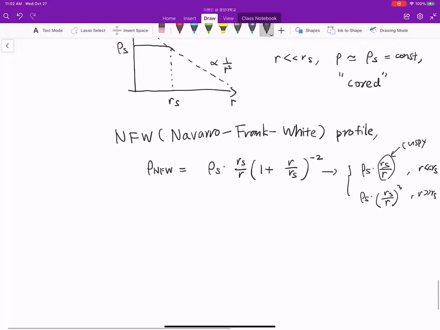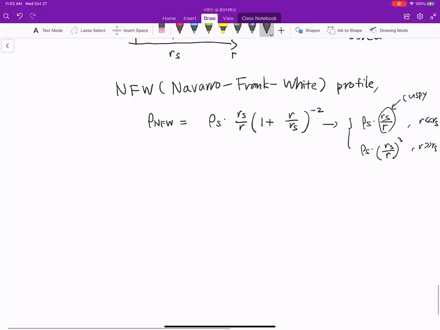So this is the NFW profile. But because there are some problems at small scales in galaxies, let me just focus on core versus cusp profiles.